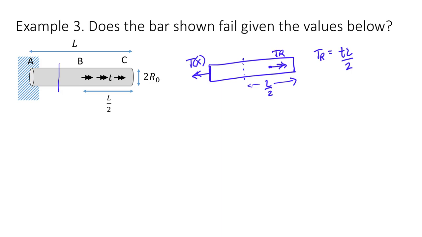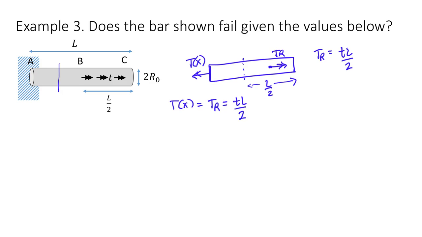By using these double arrows for torque, it looks just like it does for axial load, so the signs are more intuitive to us than if we try to draw them using the right-hand rule with the little curly arrows. So now I have the key parts of my free body diagram, which allows me to quickly conclude that T of x is equal to the resultant torque from the distributed torque, which is tL over 2.